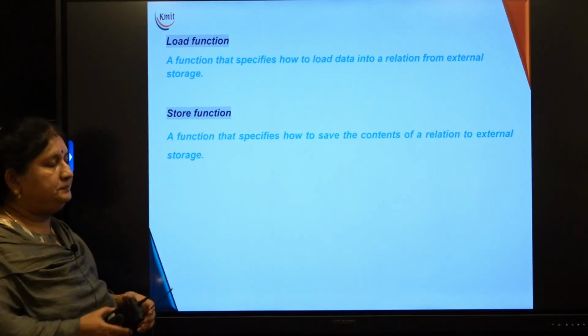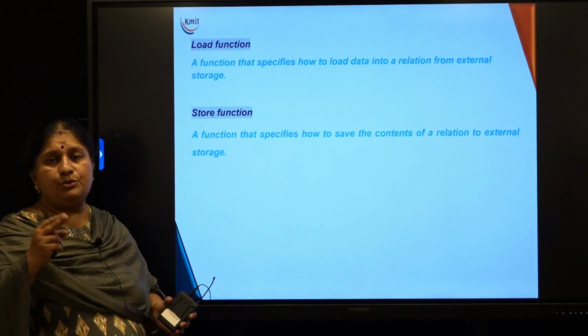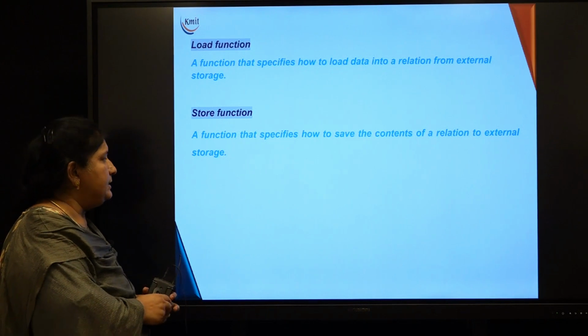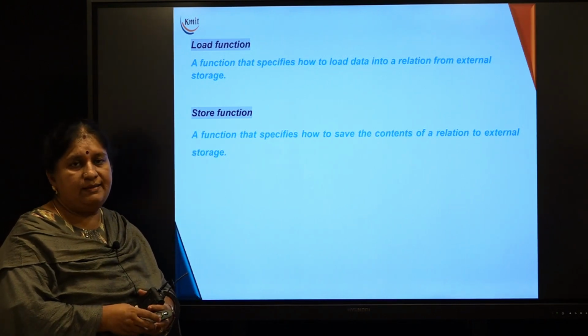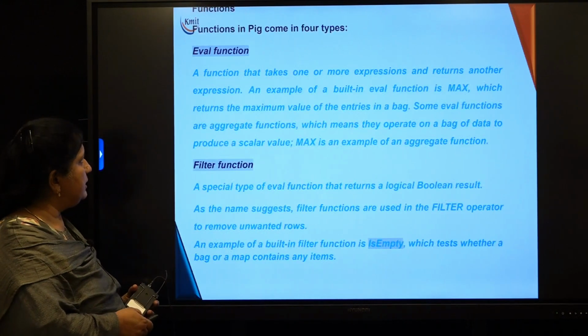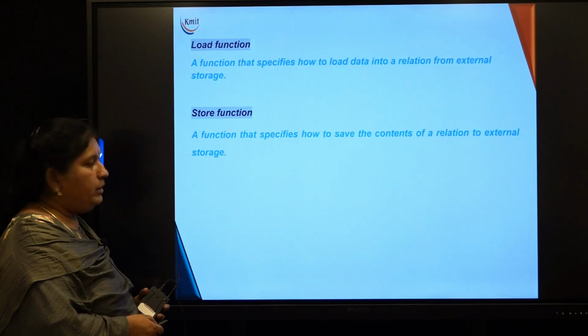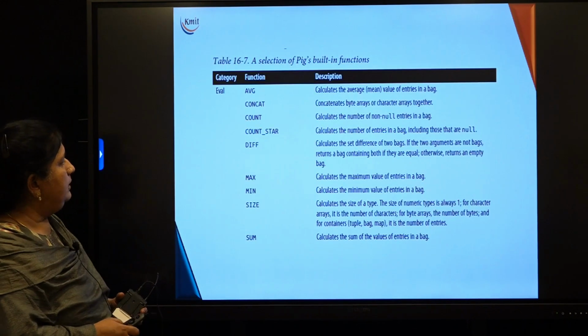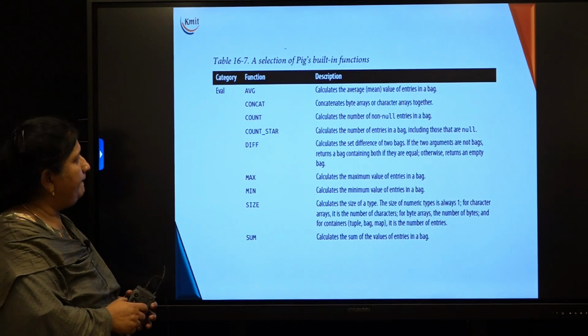Store function: after I finish working with my relations, I want to store that data into my external storage, which can be done using the store function. So, basically there are 4 categories of functions. What are the 4? Eval function, filter category, load and store. These are some of the examples of built-in functions available in Pig.